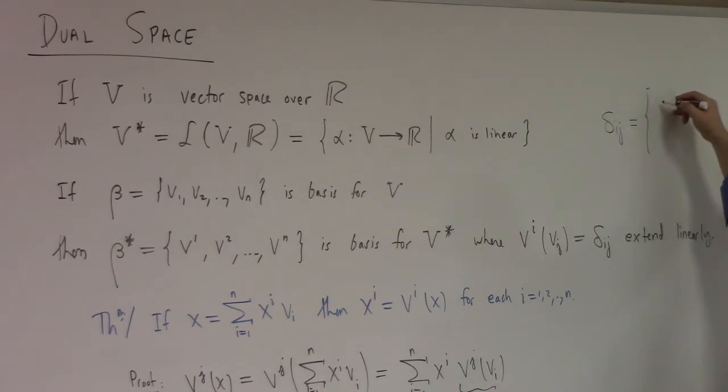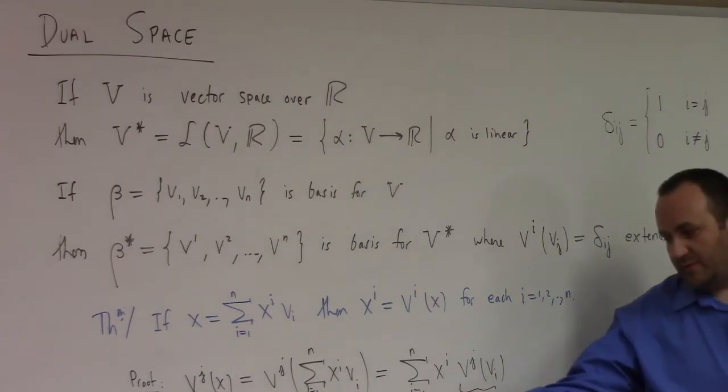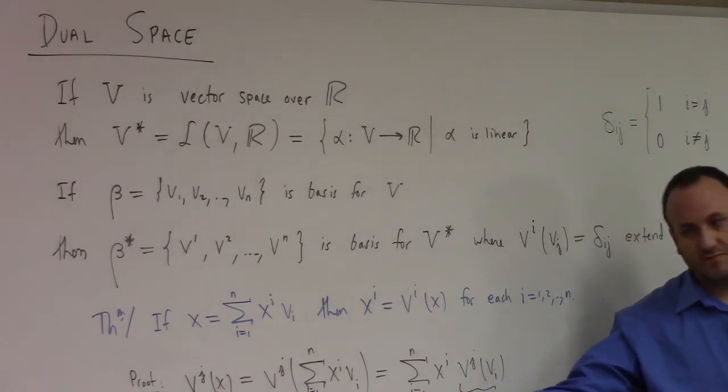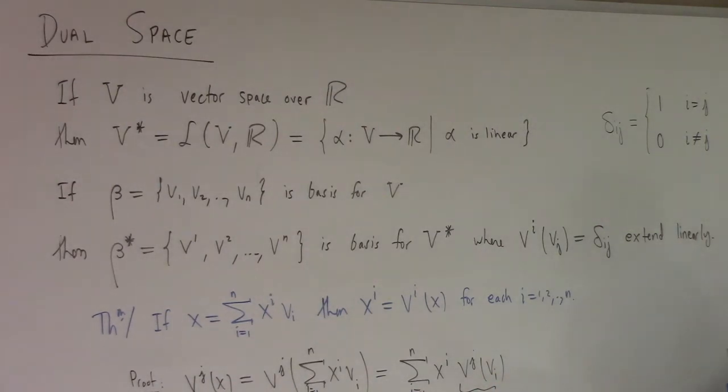Okay, so what this is: it's 1 if i is equal to j, and it's 0 if i is not equal to j. That's all it is. It's just a combinatorial symbol to denote that it's going to be 1 when the indices match, and 0 otherwise. So when you have a sum over i, j here is fixed but arbitrary, and that Kronecker delta is always 0 except for one special case, which is when i is equal to j.